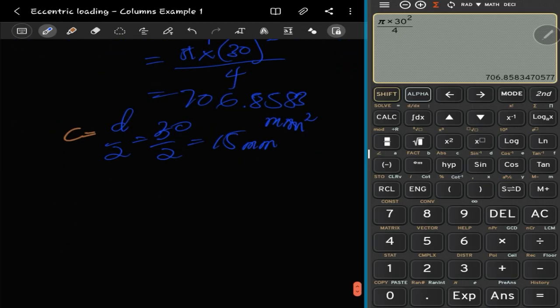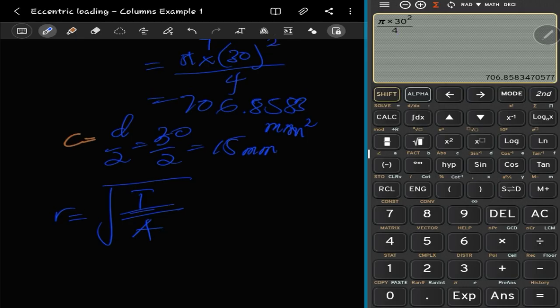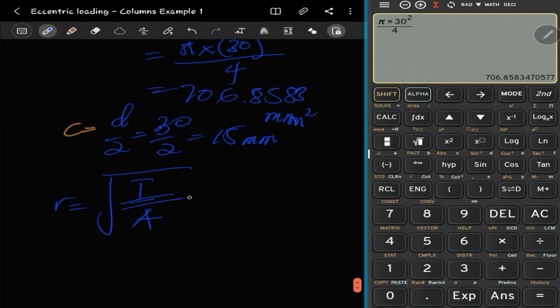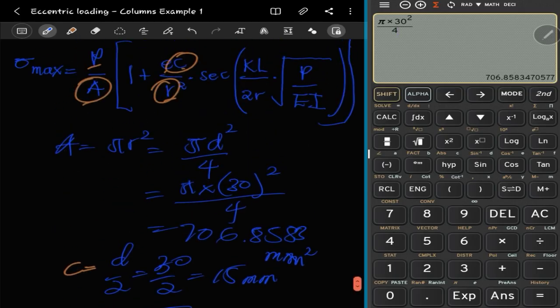The R, the radius of gyration. There was a visual mistake in something we did earlier, but I corrected it with an overlay. So R is the square root of I, the second moment of inertia, divided by the cross-sectional area. So that's how we go about it. We have the I, we have the A now, so the radius of gyration gives us the square root of their ratio.